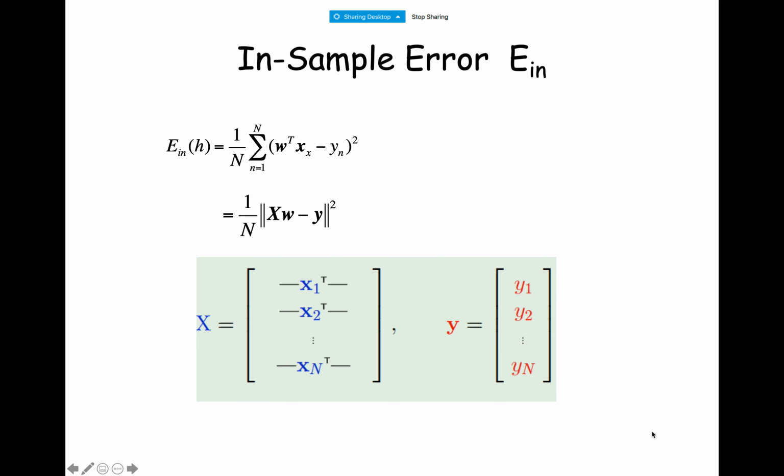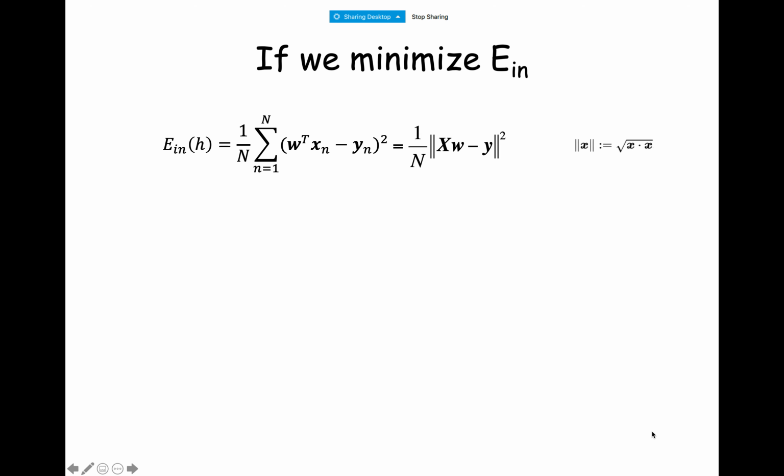All right, so we have this expression, and now, of course, we want to minimize in-sample error. We want to select the hypothesis, or more specifically mathematically, the weight vector W, such that we minimize this in-sample error. Now, the good news is that this expression is in closed form and it's smooth, and therefore we can take the derivative. It's differentiable.